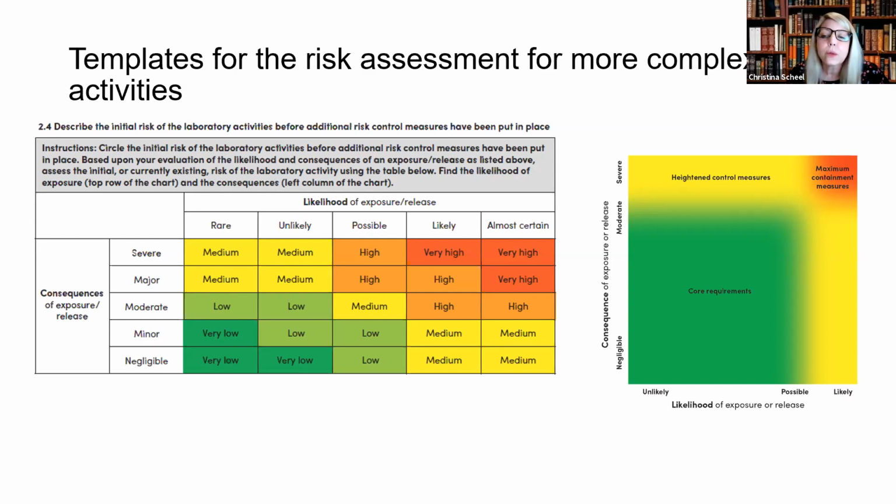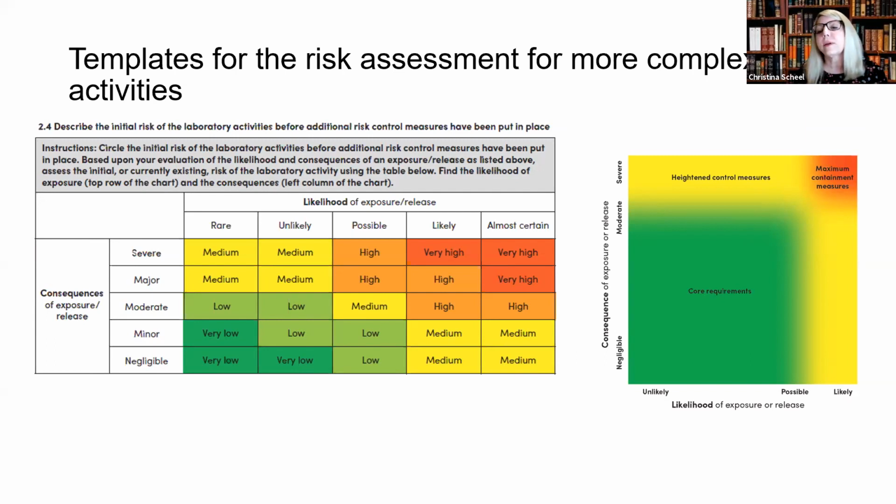And so those would be considered core requirements. Heightened control measures would be used in the case of procedures where you'd probably want to lower that risk to a lower level, but it's a matter of acceptable risk. But heightened control measures should be used if the consequences are severe and the likelihood of exposure or release is possible to likely.